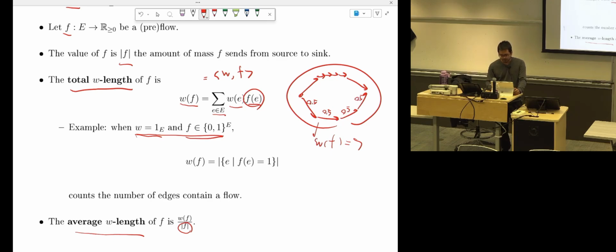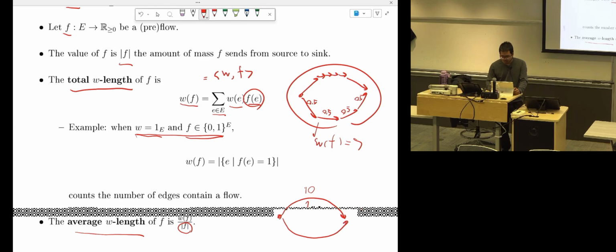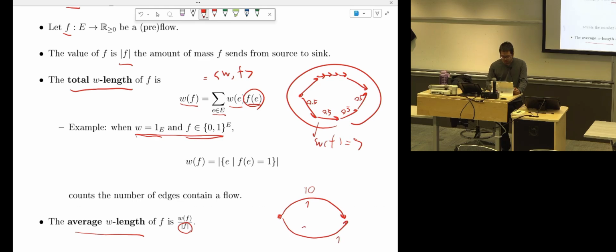So, for example, if this one has flow value 1 and the length is 10, and this one has flow value 1 and the length is 20, then the average length is 15, because it's this over this.